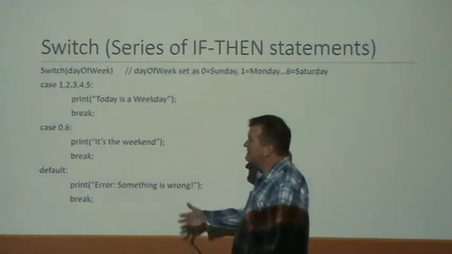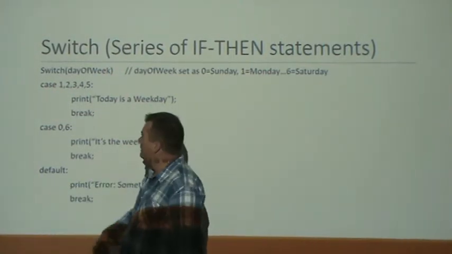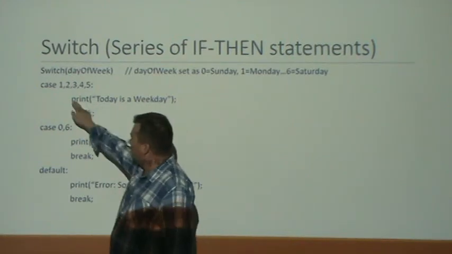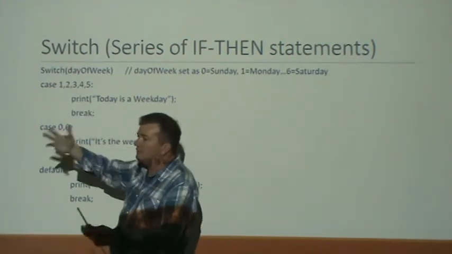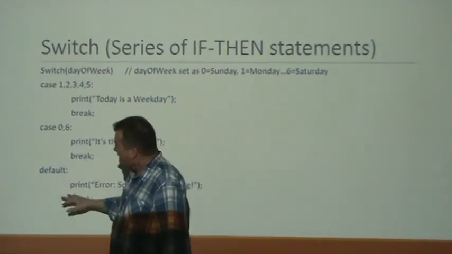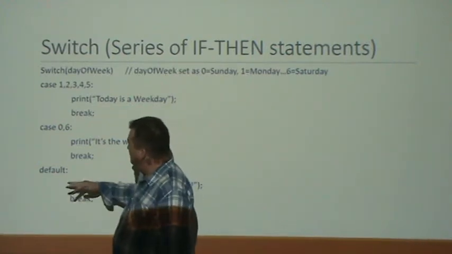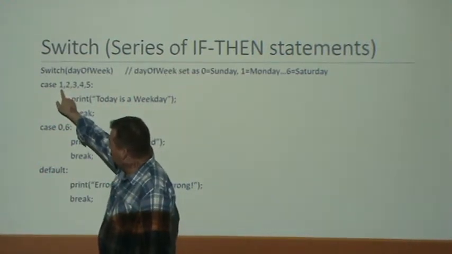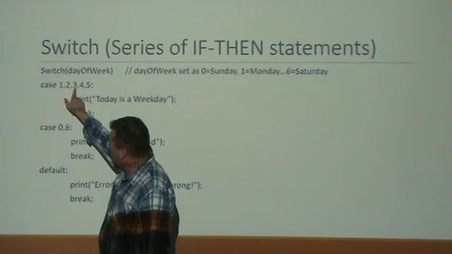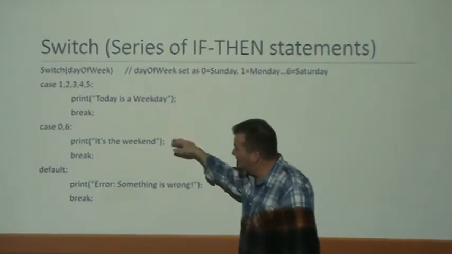Okay, so we could say, well, under many scenarios, instead of saying if day equals 1, print today is a weekday. If day equals 2, print today is a weekday. If day equals 3, print today is a weekday. What we could say is for all the possible cases, we could just enumerate all the cases. We could say if today is 1 or 2 or 3 or 4 or 5, then print today is a weekday.